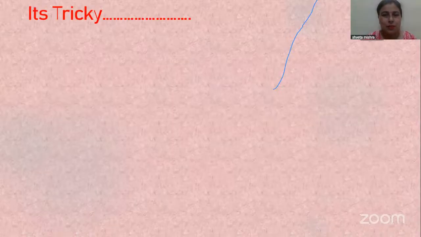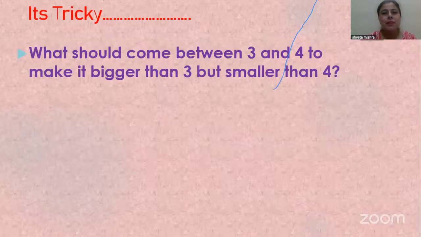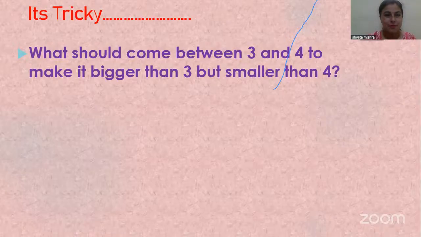This is going to be a little tricky one. What should come between 3 and 4 to make it bigger than 3 but smaller than 4? What is that one little thing that makes it bigger than 3 but smaller than 4? Anybody?